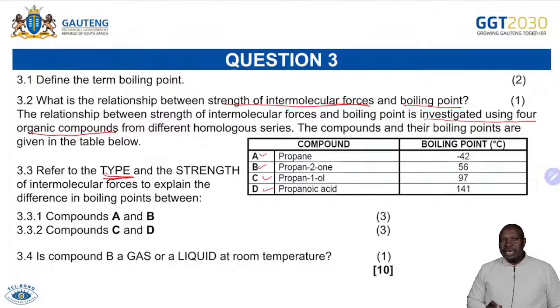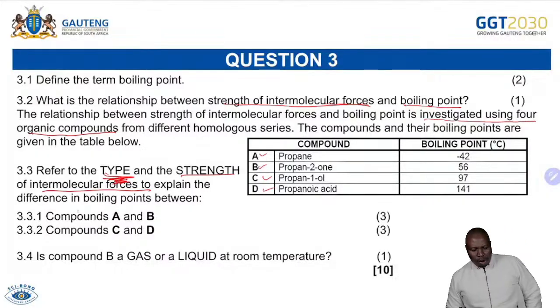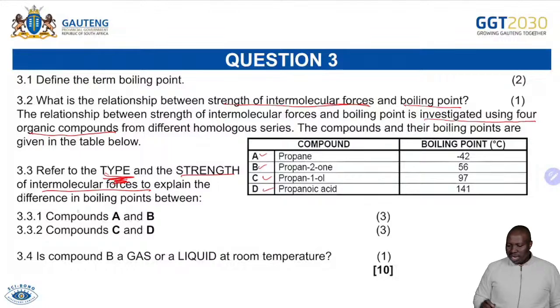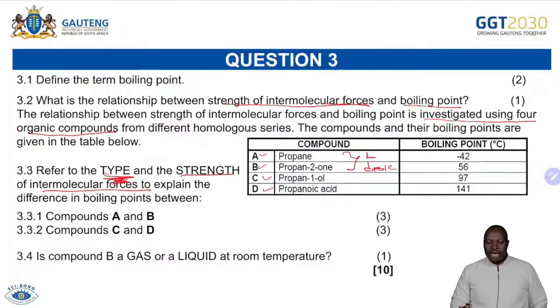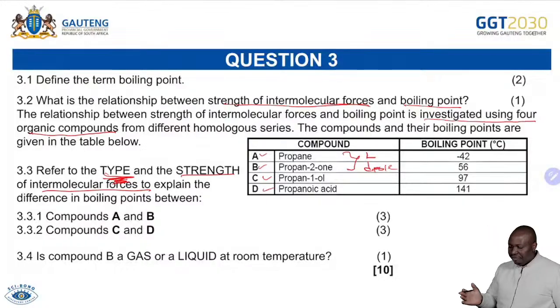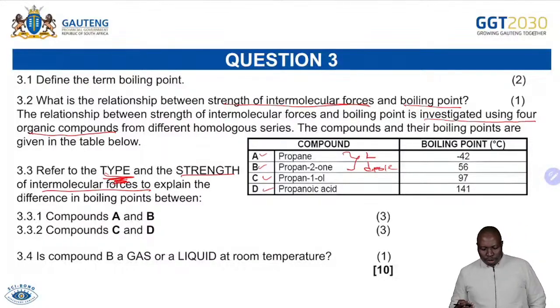Now refer to the type. The question is channeling you to say, when you answer, refer to the type and strength of intermolecular forces to explain the difference in boiling point between compound A and B. If you check compound A and B, the type for compound A, propane, we said is London forces. For propanone it is dipole. So you will first write the intermolecular forces: A has London forces, B has dipole.